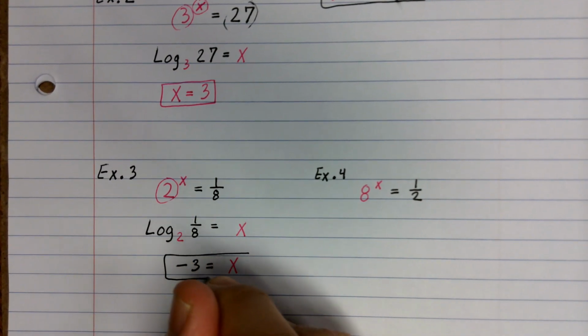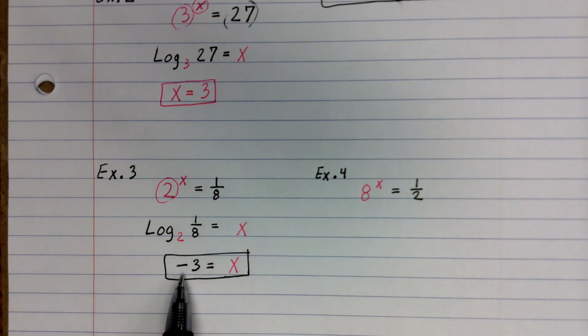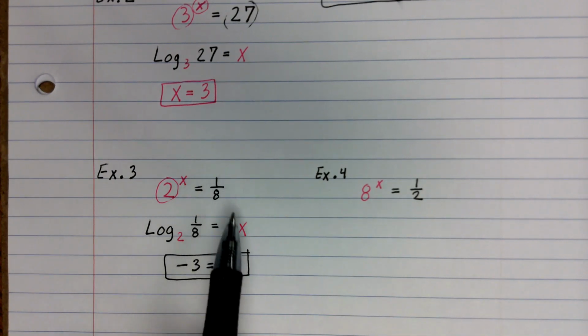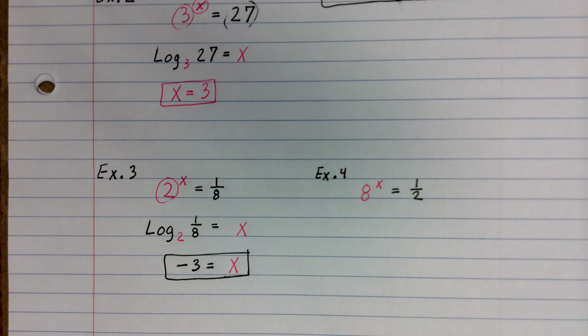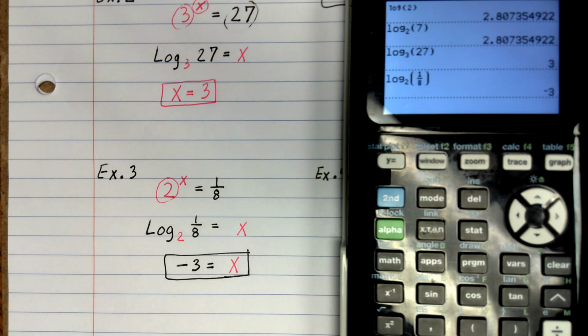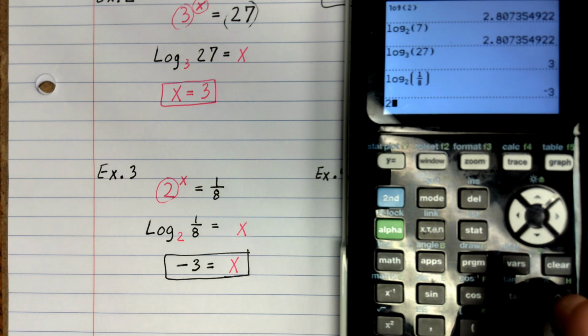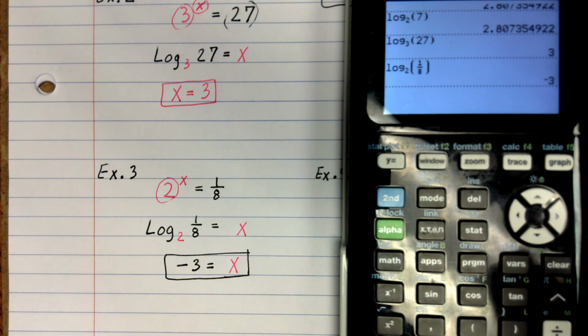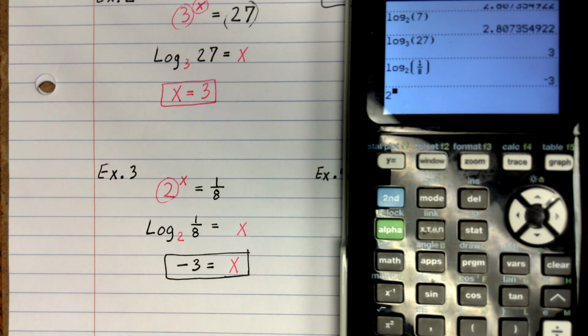And if you wanted to check it, you could, right? I mean, does -3 really give us 1/8 if we put it as an exponent for 2? You could always work backwards and check it real quick. So let me try it. I'm going to put in my base of 2, my power, and I'm going to put in a -3 for the exponent, for the x, and hit enter.